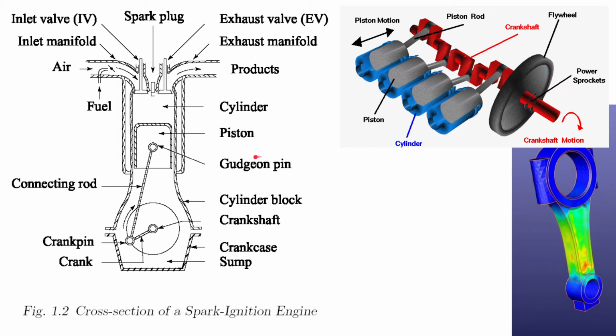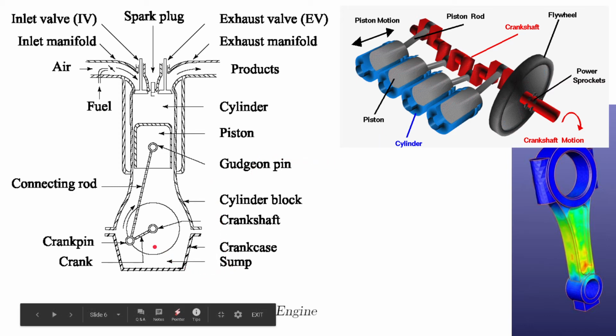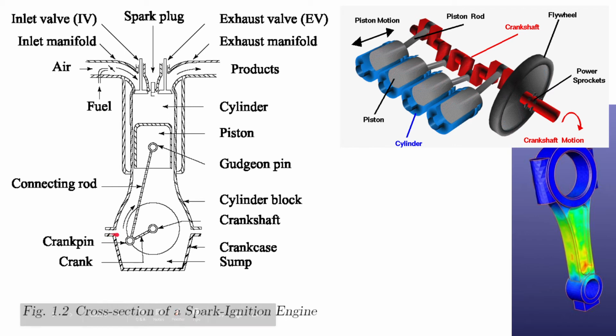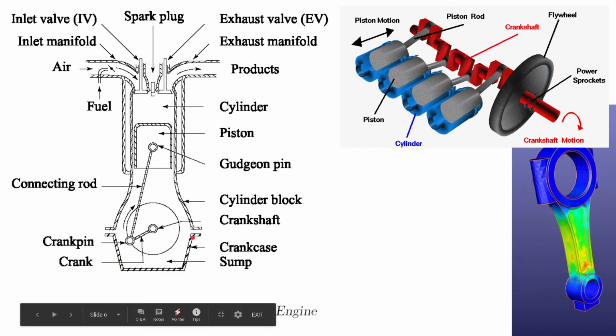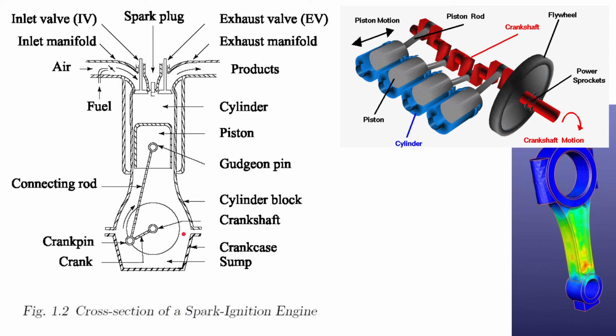So it is very much similar, but here we can see that the bottom part of the cylinder is called the crankcase, and we have a space over here in which we put oil, which we say as the engine oil. So engine oil is used to reduce the friction.